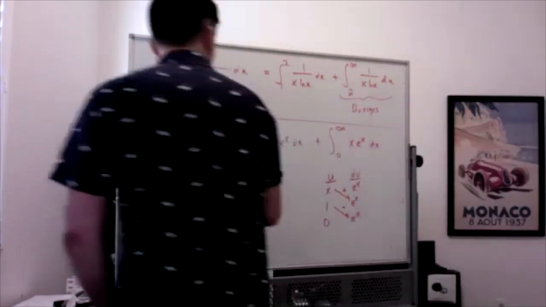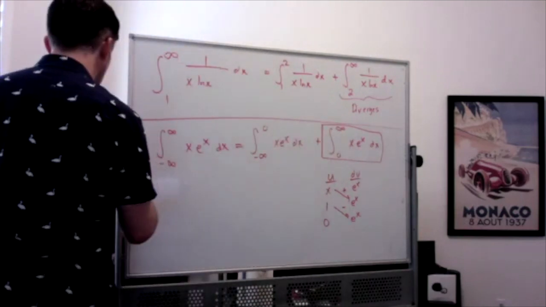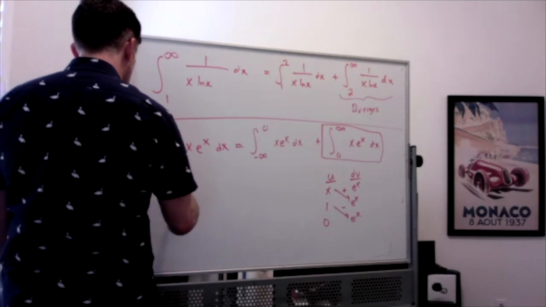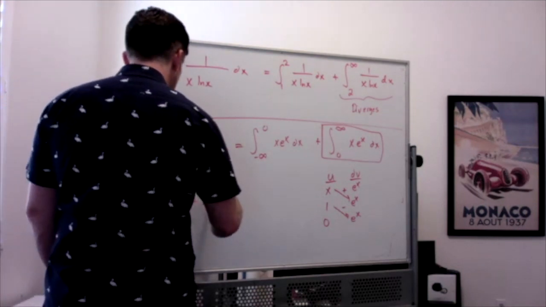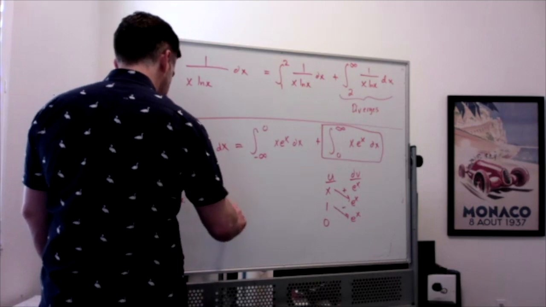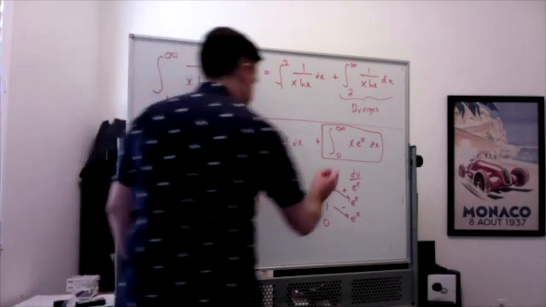So this integral I'm dealing with here, the integral from 0 to infinity of x e to the x dx, equals the limit as b goes to infinity of the integral from 0 to b of x e to the x dx.